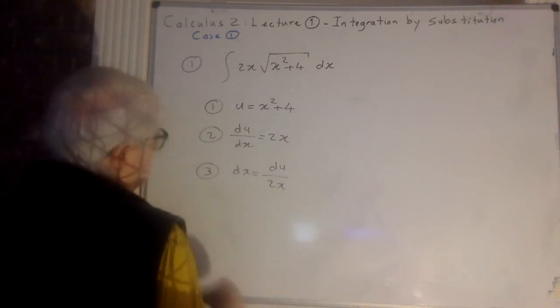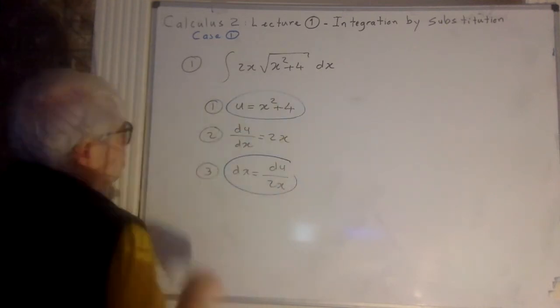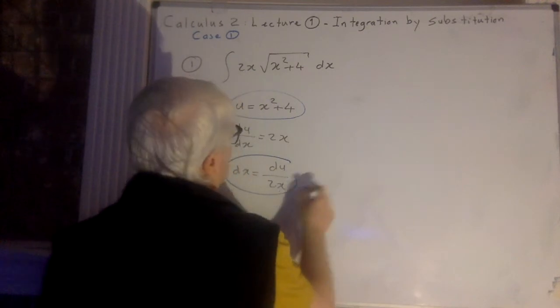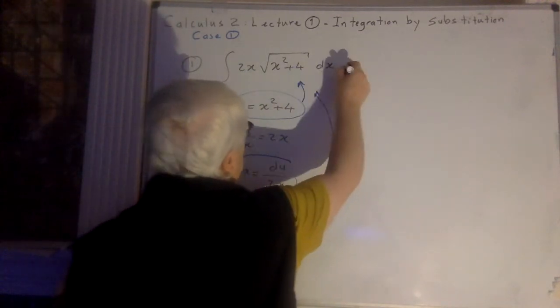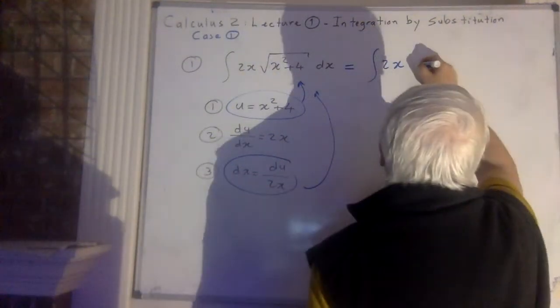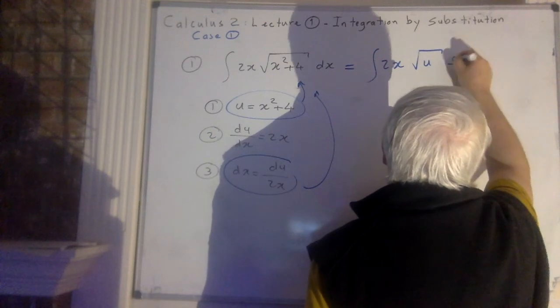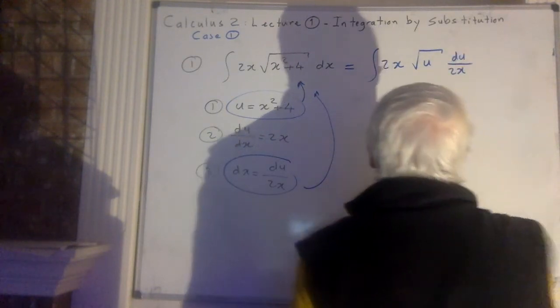So I used that third one. Now we substitute here these two. So I have 2x radical u times du over 2x.